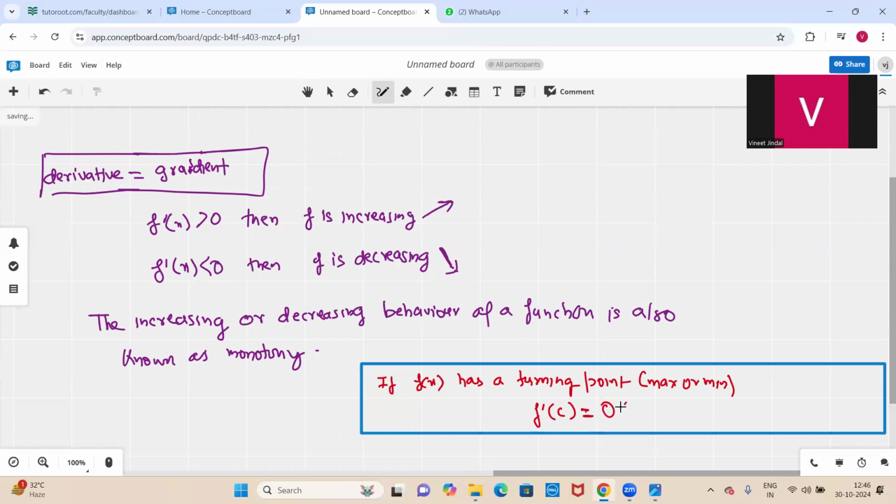At the turning point, the derivative is equal to 0. So when the derivative is equal to 0, whatever points we get are called stationary points and also called critical points.